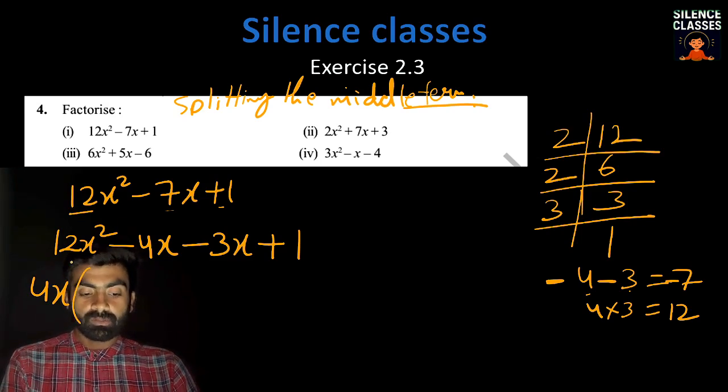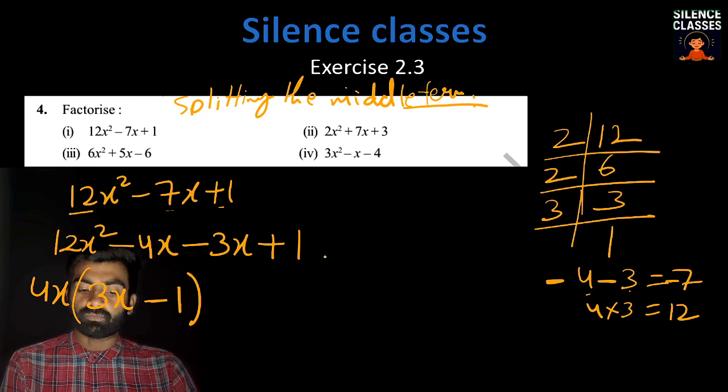So we will say 4x we can take common, so we will get 4 3s are 12 means 3, and x, so we will get 3x over here. Minus 4x we have taken common, so nothing is left over here, so we will write it down 1. Now we have to write 3x minus 1 in the bracket.